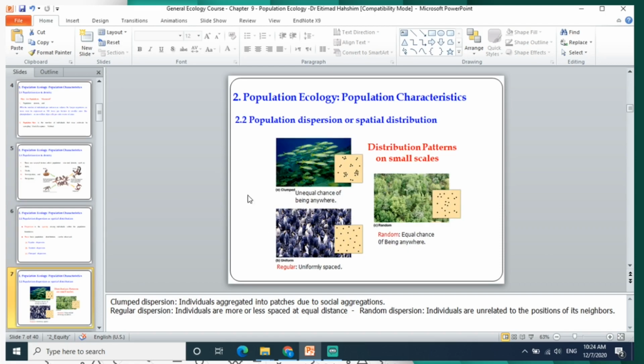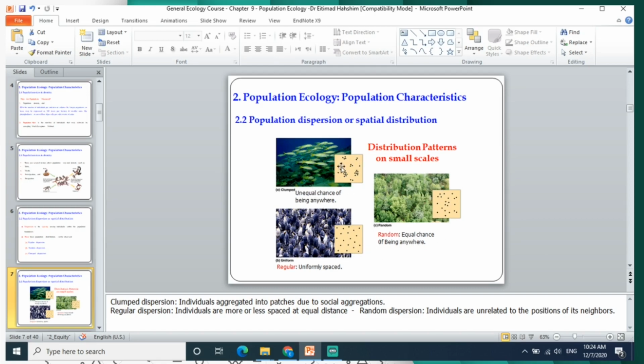Regarding clumped dispersion, individuals have an unequal chance of being anywhere because they aggregate in batches due to social aggregation. When the organisms have social aggregation, you will find clumped dispersion.